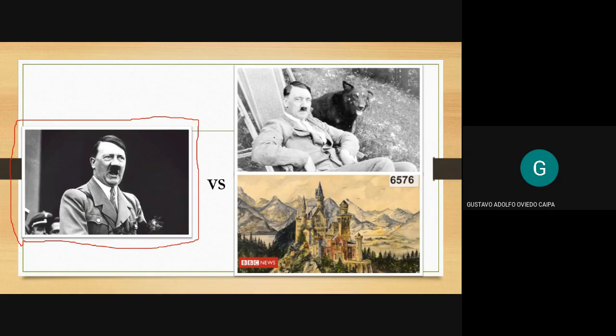Because in that case, the name Hitler is not a right vehicle for that description. So that's what I mean. Any questions on this section? No. All right, thank you. Okay, so let's move on.